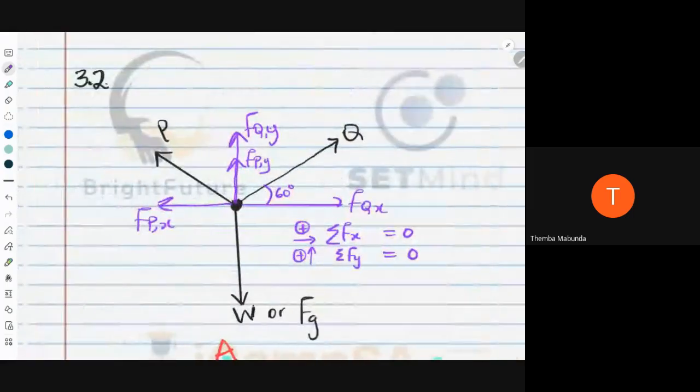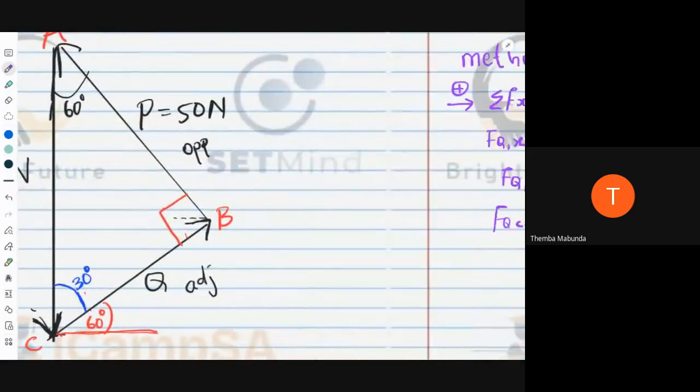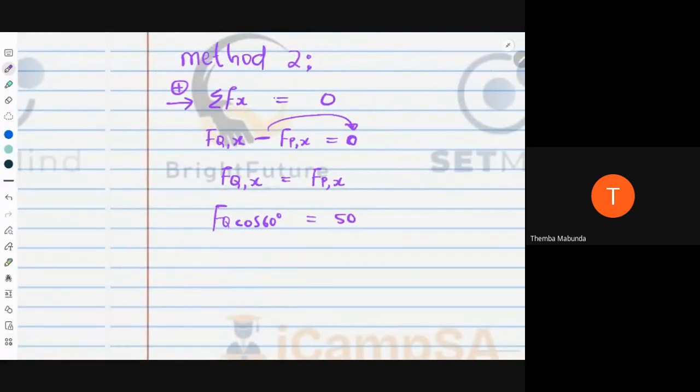Let's go check if it's cos or sine. It's also cos, but cos 30 in this case. Cos 30 degrees. Do you see? Even this one works. You can say divide by cos 60. Yeah, it should work.